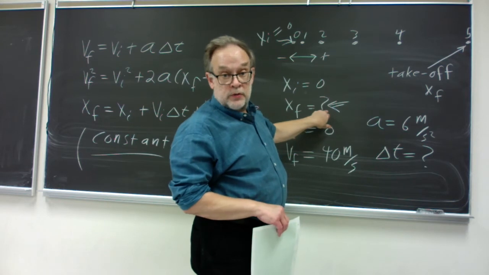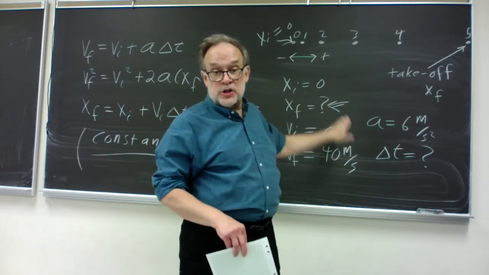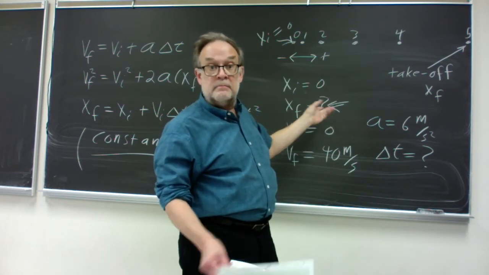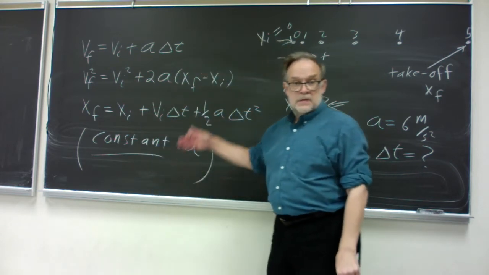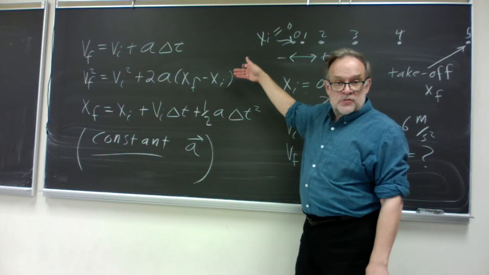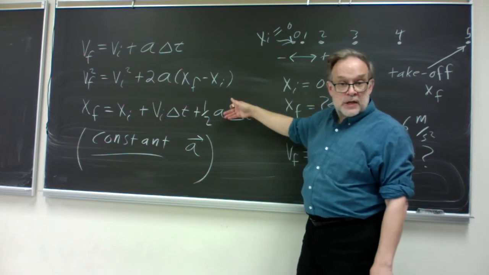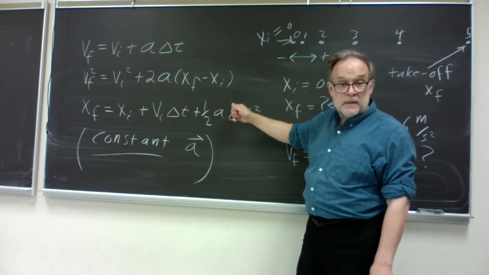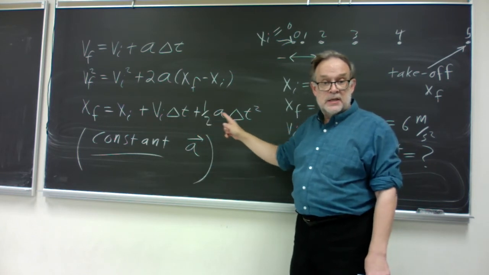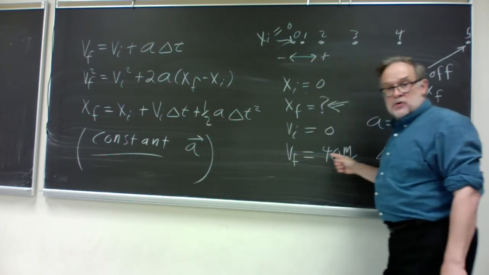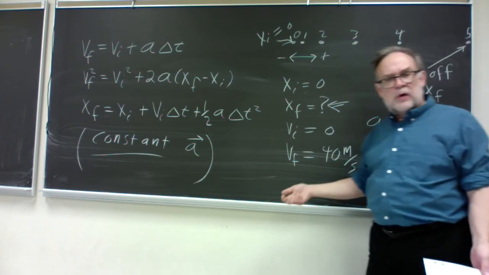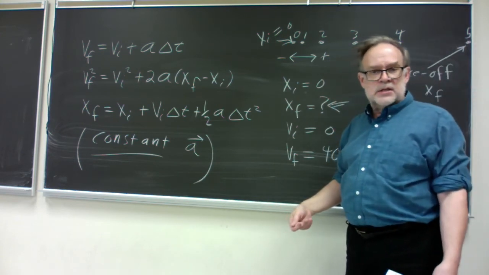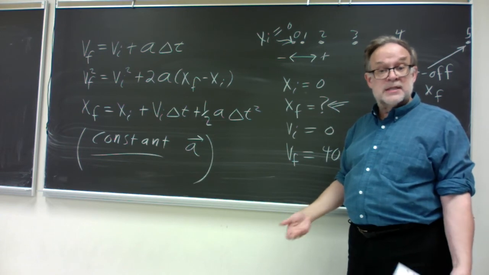So this is what we're trying to find. Obviously we need an equation that has x final in it. There are 2 possibilities, but this equation also has delta t, and we don't know anything about delta t. We could figure out what delta t is, but it's easier and quicker just to skip that step.